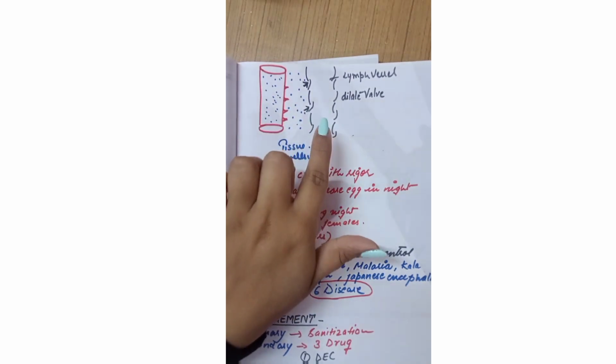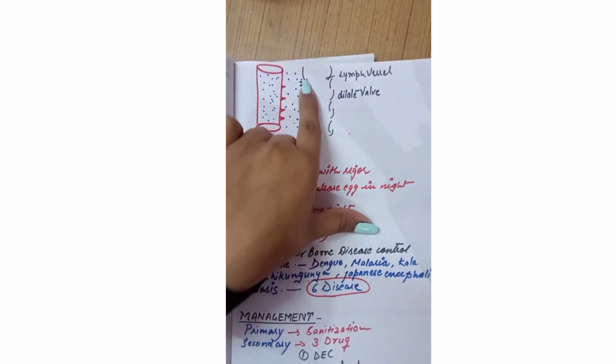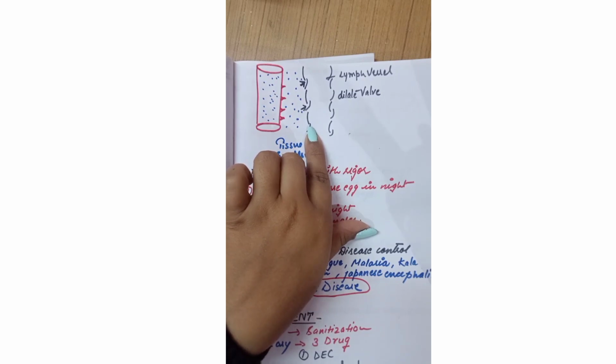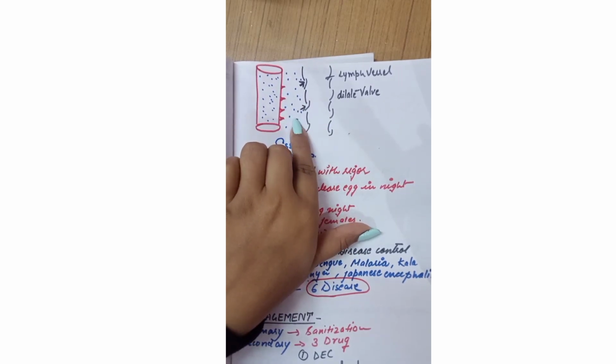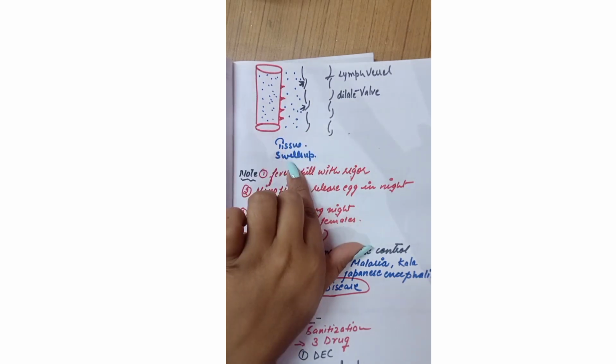These adult parasites will make the valve of the lymph vessels dilate, because of which the tissue fluid present here will not be able to come inside the lymph vessels. Because of that, the tissue fluid, or we can say the plasma, will accumulate inside the tissue, because of which the tissue will swell up. So this is the reason why we see the swelling in the patient suffering from filariasis.